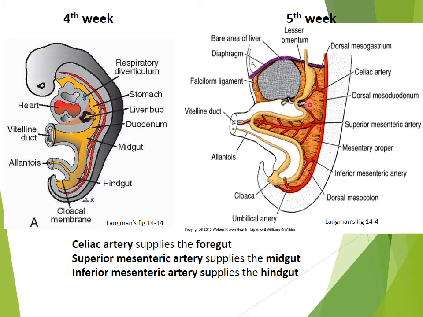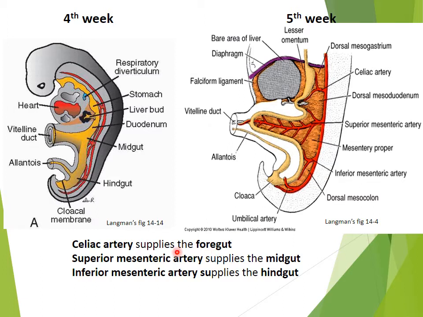They are all supplied by the branches of the celiac artery, so the celiac artery is the artery of the foregut. The artery of the midgut, in the same way, is the superior mesenteric artery, which supplies all the structures derived from the midgut. And all the components of the hindgut are supplied by the inferior mesenteric artery. These are typically the arteries for the foregut, midgut and hindgut.